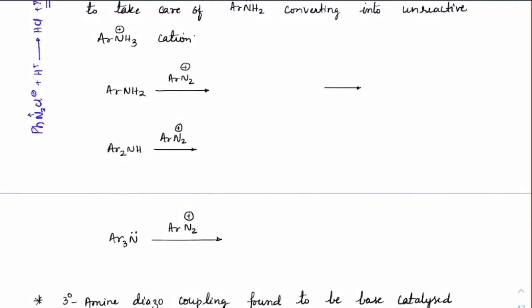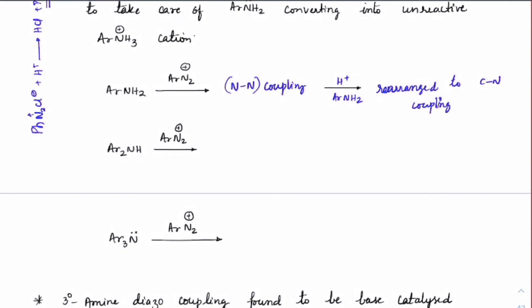Next, on reacting with this, as I said, first we will get the NN coupling compound, which slowly gets rearranged in the presence of H+ and further addition of ArNH2 to the CN coupling product.